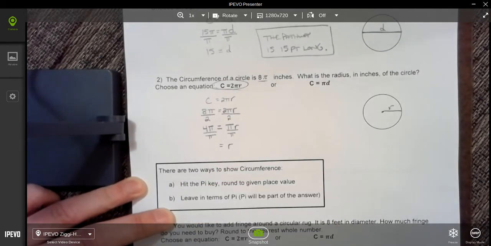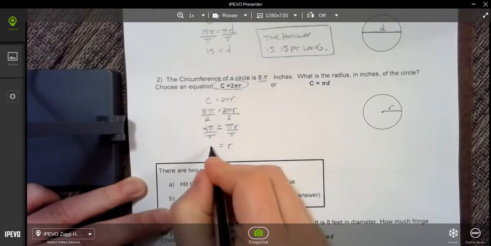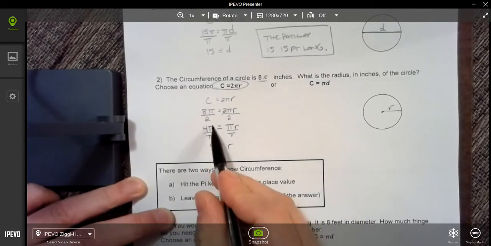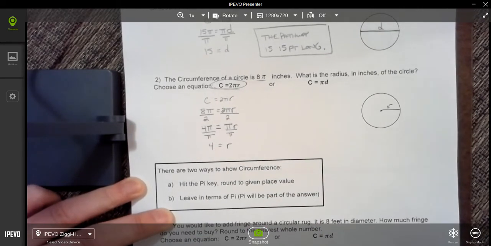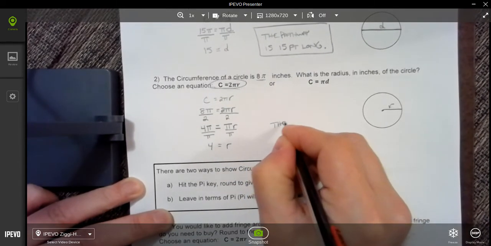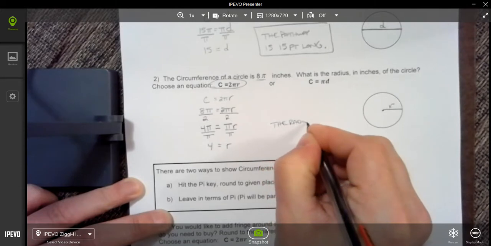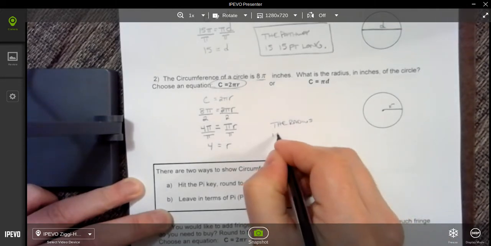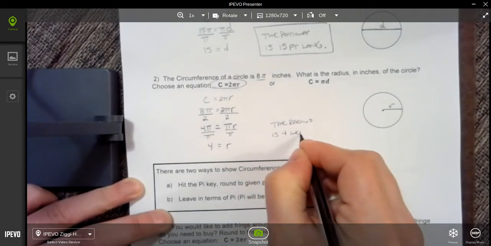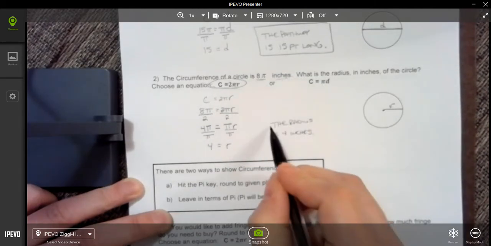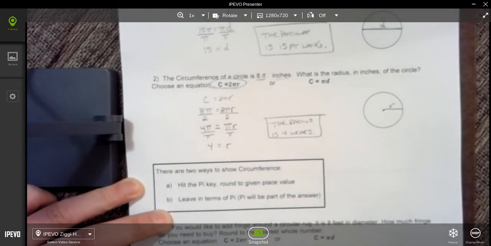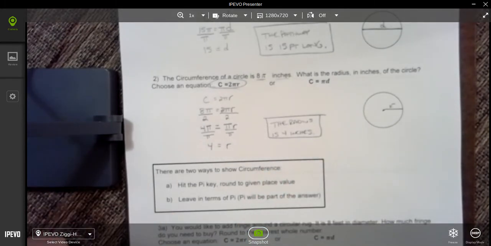And on the left, 4 pi divided by pi is going to leave us with 4. And so now we know that the radius is 4 inches. They used the units of inches up above there. The radius of this circle is going to be 4 inches.